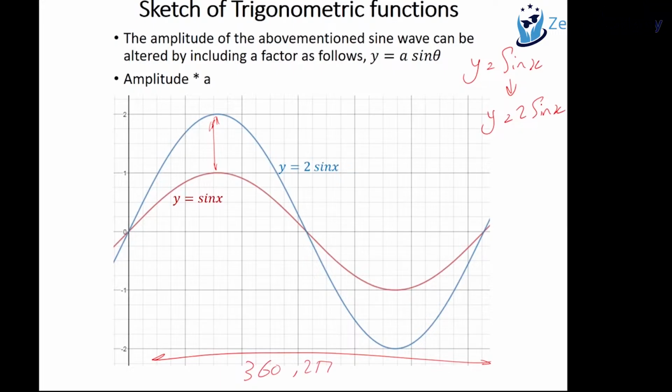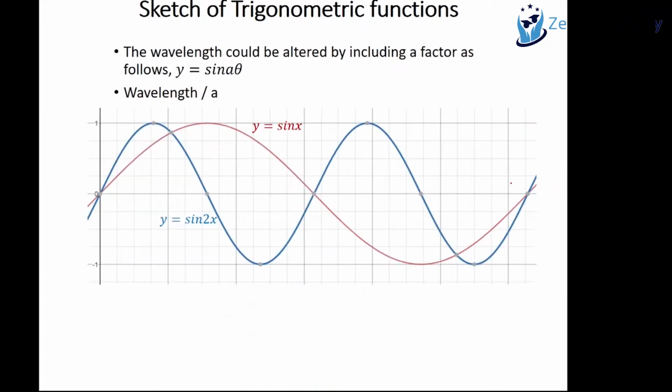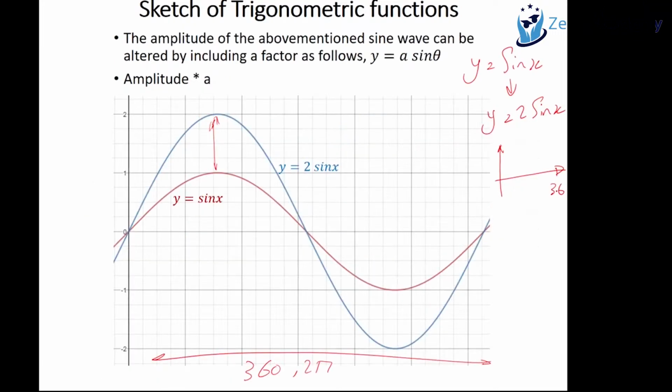So that makes my job very simple, right? If I know how to sketch sine x, which is always going to be between 0 and 360, and I could just use 90, 180, and 270, it's always going to be this form.